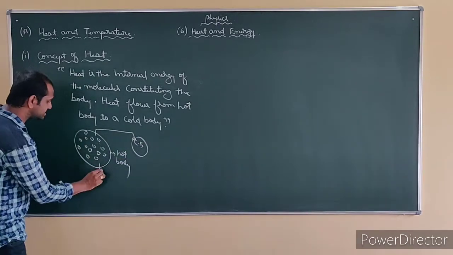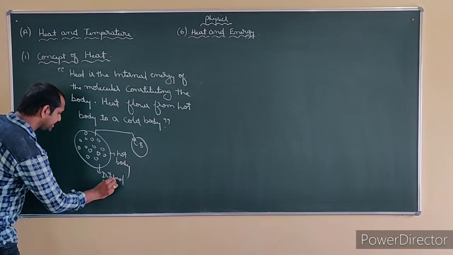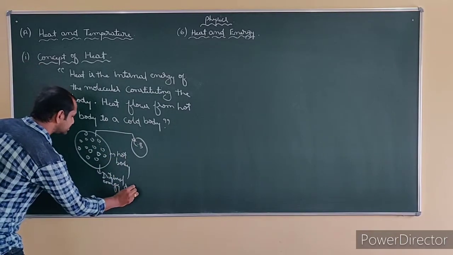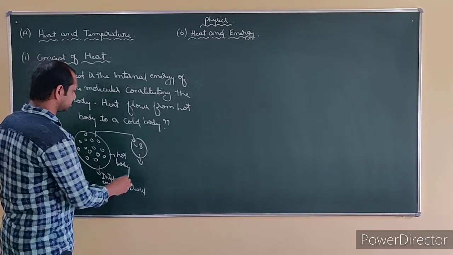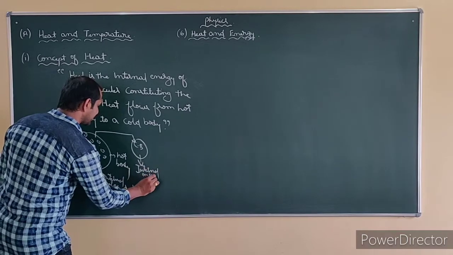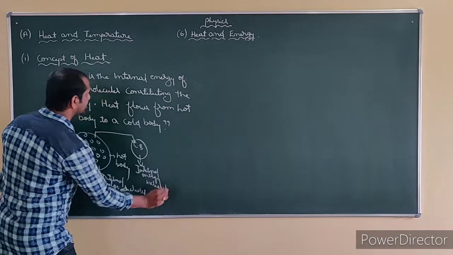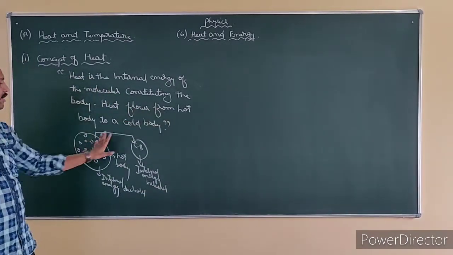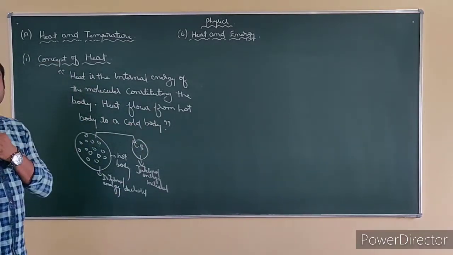Obviously, here the internal energy decreases because it is flowing from the hot body to the cold body, and here the internal energy increases. Remember this. Understood? So for the molecules constituting the body, heat always flows from the hot body to the cold body. I hope you have understood the concept of heat.